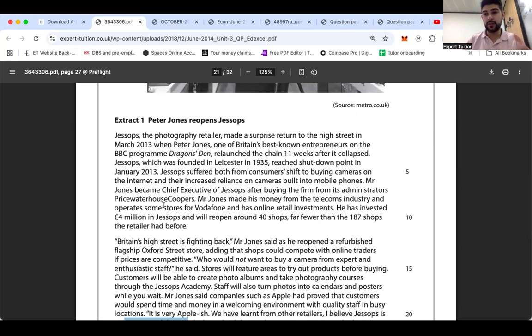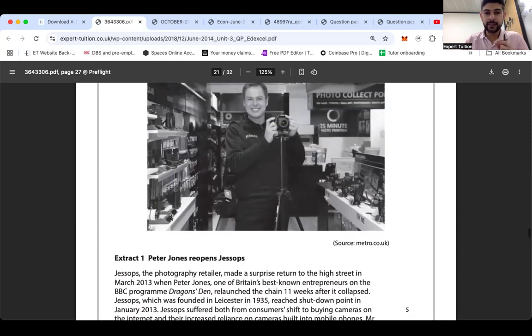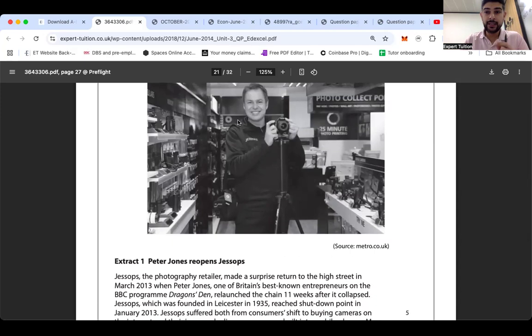Well, yeah, they can. It's possible for this firm to price discriminate because they have the ability to set their own prices. Now, within that paragraph, by the way, there is a really clever point on the mark scheme that I really like. The way you can add depth to that analysis about monopoly power is him. He is so recognized. He's very famous because of Dragon's Den. He's like the main dragon.